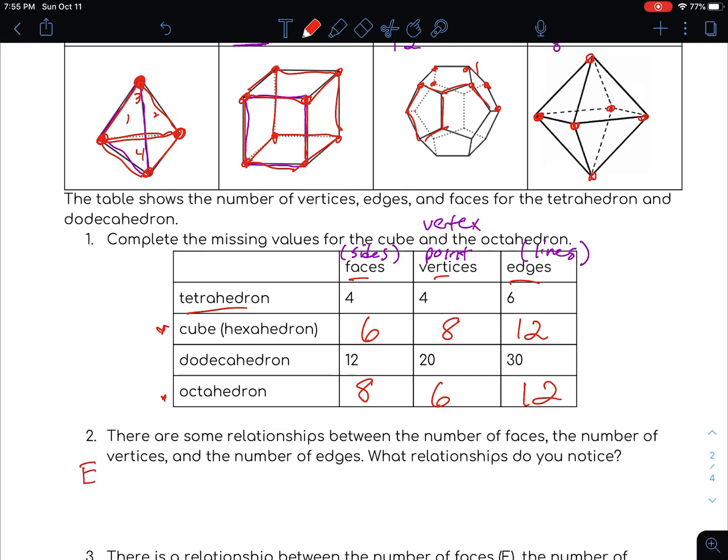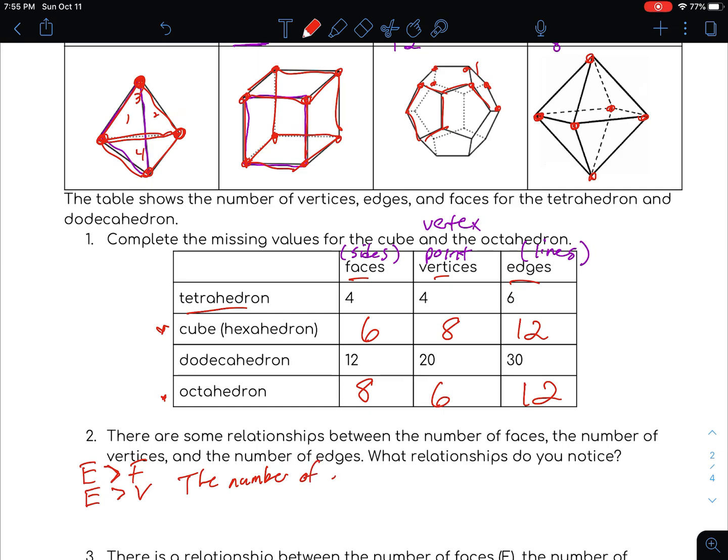Hopefully you have. Notice that the edges, I'm going to abbreviate that E, are greater, there's a greater number of edges than faces. And there's also a greater number of edges than vertices. So edges is greater than faces, and edges is greater than vertices.